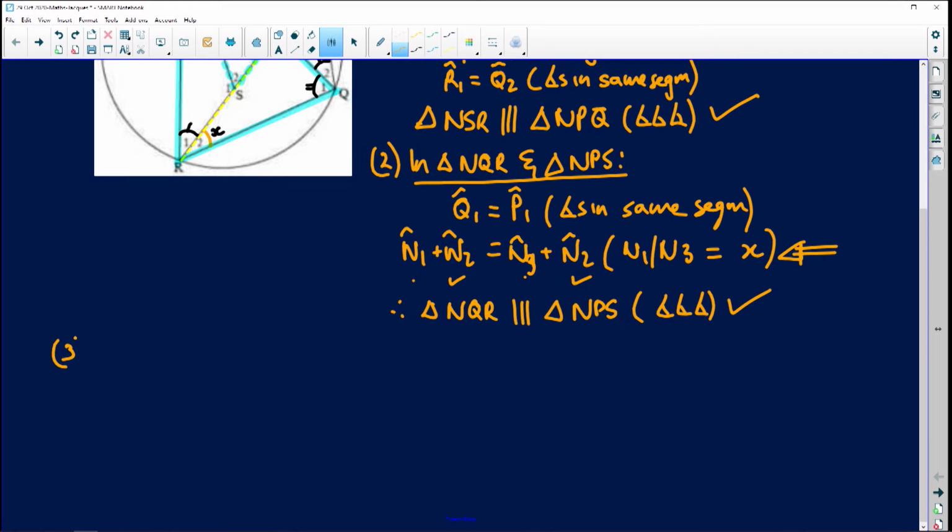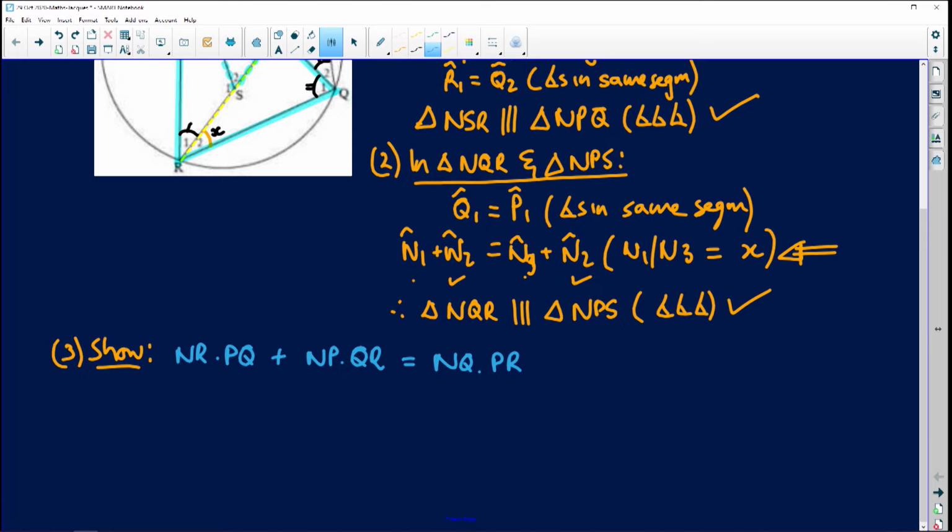For 4 marks. Number 3, we've got to show the following. Now, let me write the show in blue so we know what we're doing. NR times PQ plus NP times QR. We've got to show that that is equal to NQ times PR.